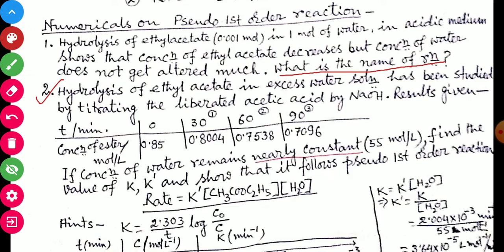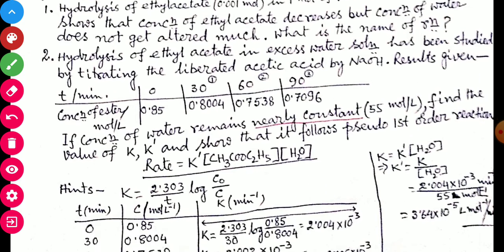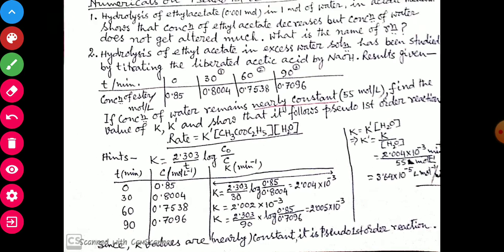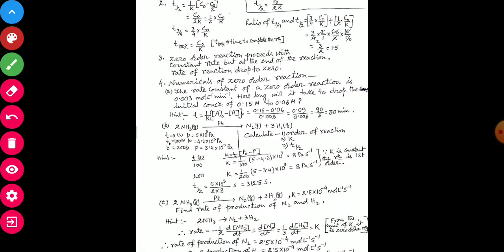Rate = k'[ethyl acetate][water]. Hints are given, so I will not discuss it much. You can pause the video and see the solution. Next page.